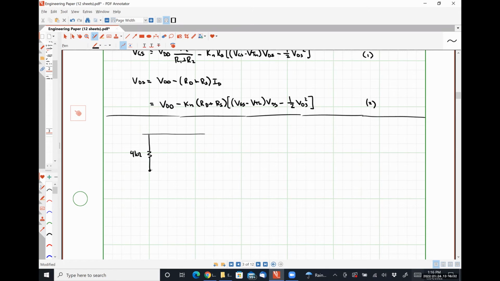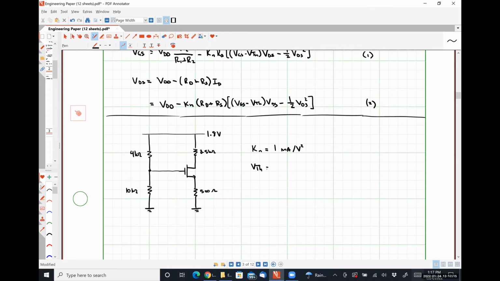A 4 kilo ohm resistor, 10 kilo ohm resistor, 500 ohm resistor down here, 3.5 kilo ohm resistor here, a supply voltage of 1.8 volts, and we are told Kn is 1 milliamp per volt squared.